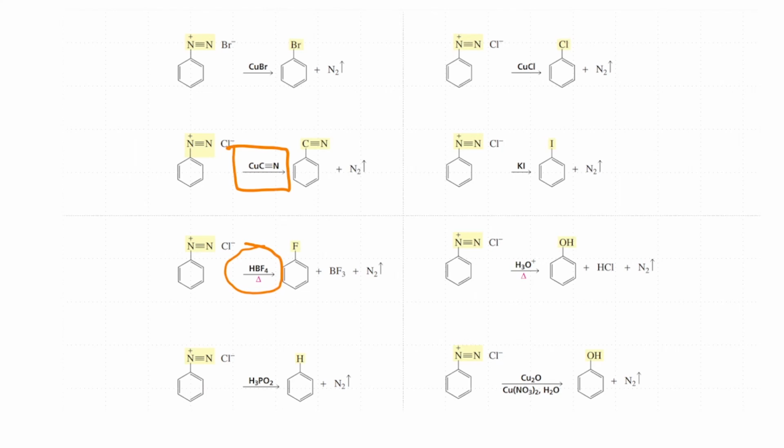And just now we discussed this, you can react a diazonium salt with H3PO2, and the nitrogen is replaced by a hydrogen. Another method to produce phenol is to react it with Cu2O in the presence of copper nitrate. So this is the variety of reactions that diazonium salts can carry out, and this becomes very useful in many of our organic synthetic procedures.